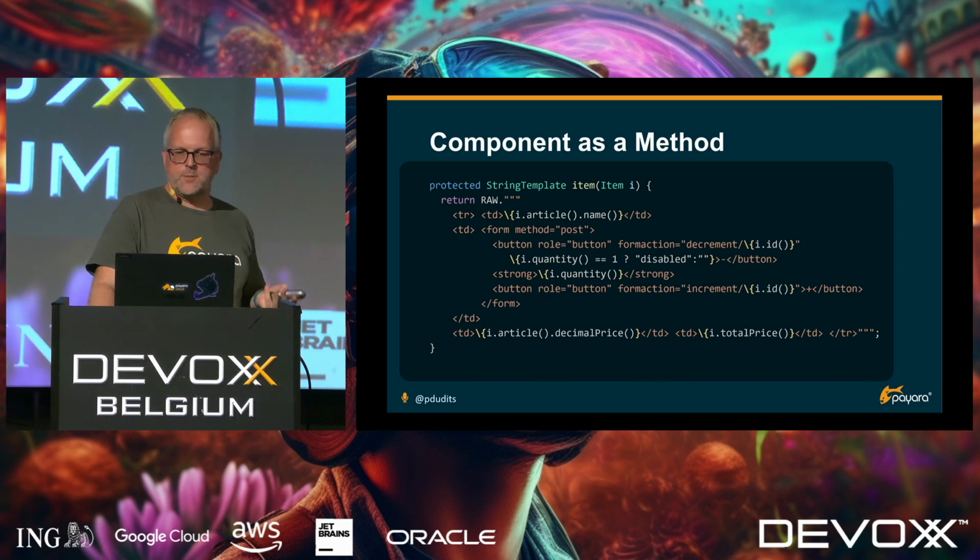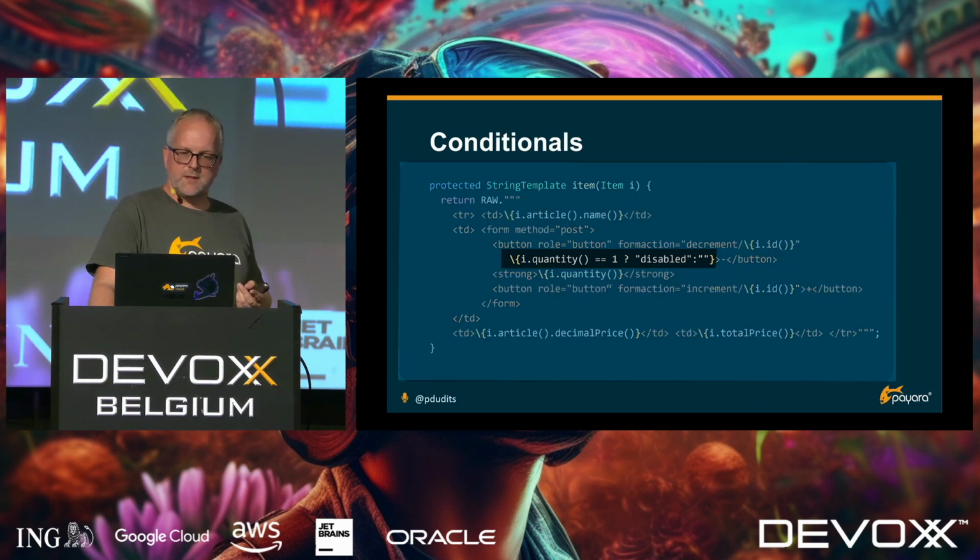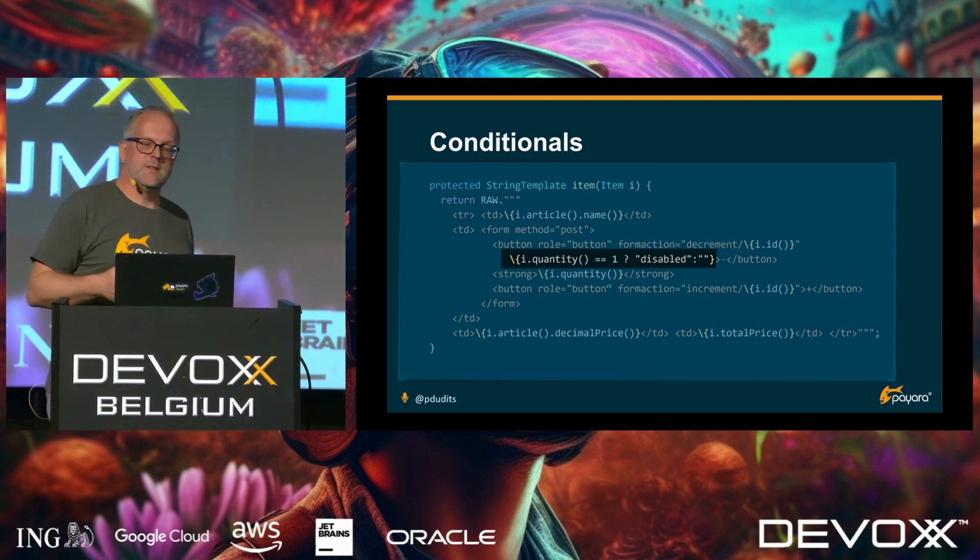Another option is just to build a method which will return a string template that can be used in the same way. And in this method, we see the limitation. Where I've got only a single item left, the button should be disabled. Yeah, it's a conditional. This one doesn't look very nice. But it's an expression. So you could put in a ternary expression.